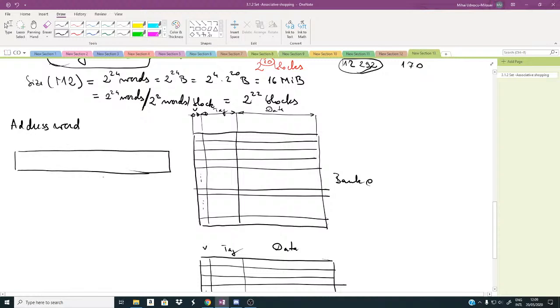Therefore, the number of bits in the address and the addressable unit is the same as in the first example.